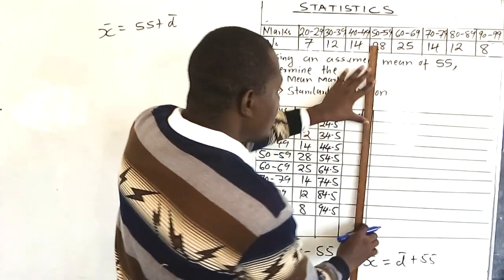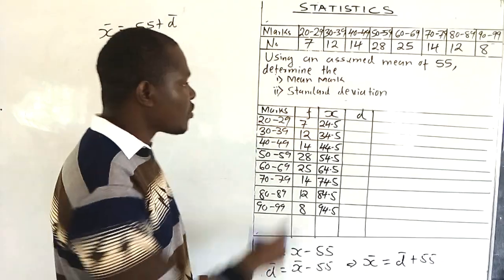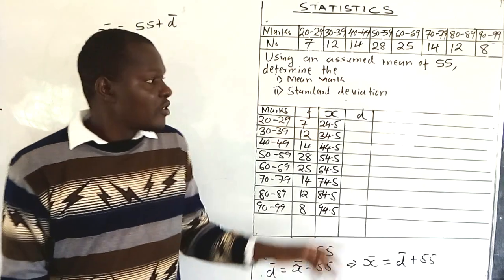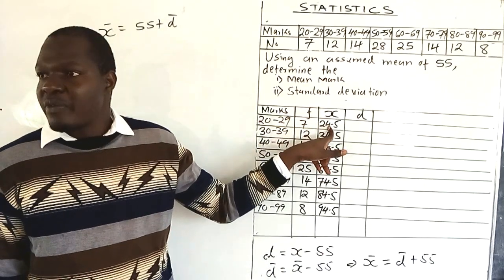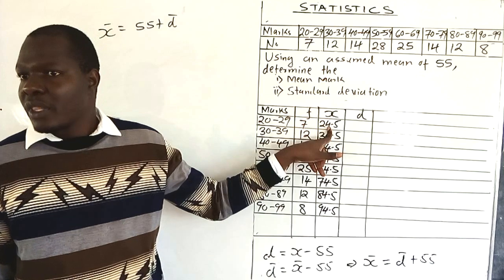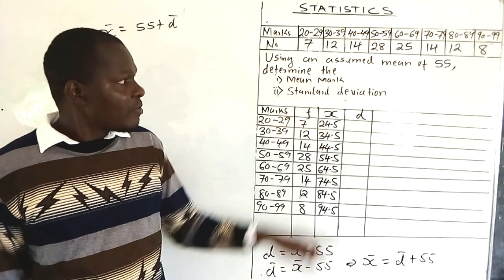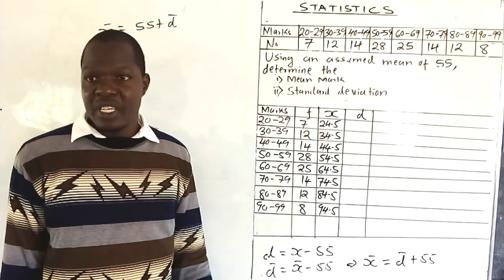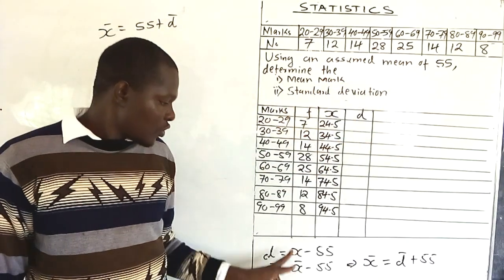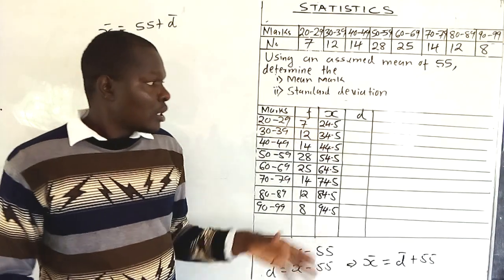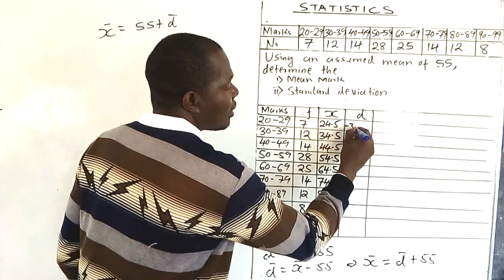So the d value will be x minus 55. So x minus 55, 24.5 minus 55. It is x minus 55 because you've been told to use an assumed mean of 55, isn't it? So for you to get the d values, it is x minus the assumed mean. Okay? Negative 30.5.